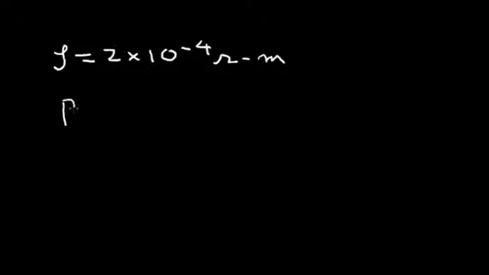Now sheet resistance, R sub S, is equal to rho divided by the thickness of the sheet, T. Now I know that R sub S is 100 ohms per square, and I know what rho is, so I want to solve for T. So let's transpose.